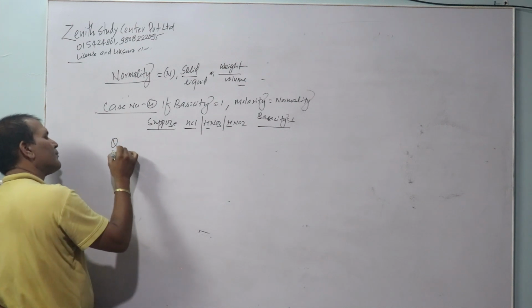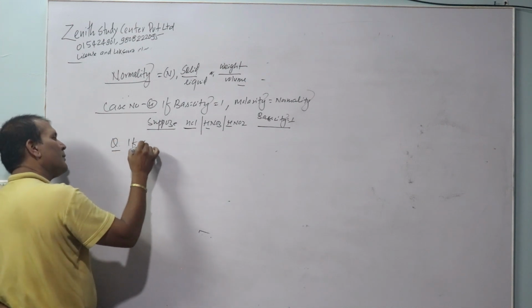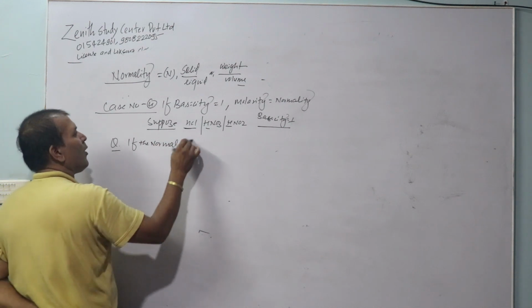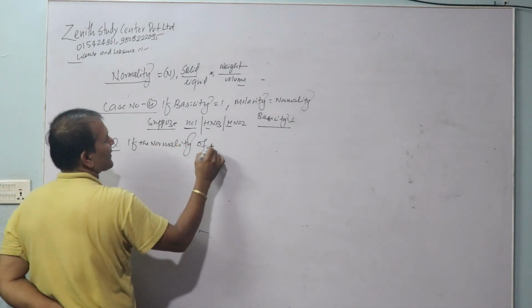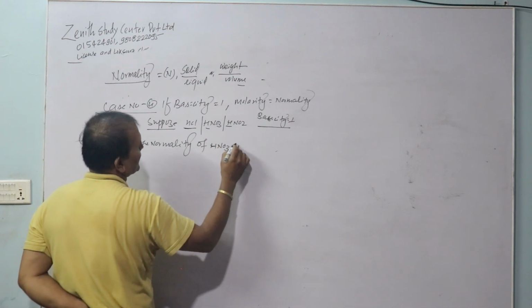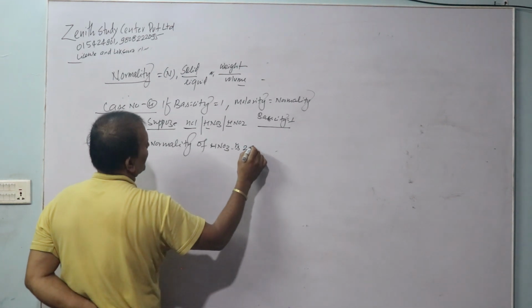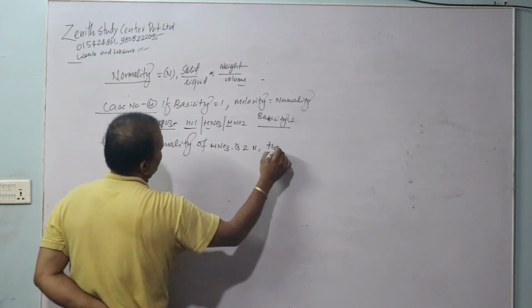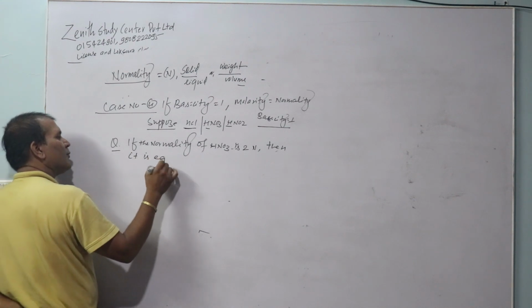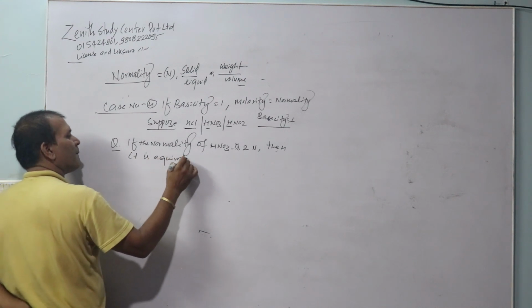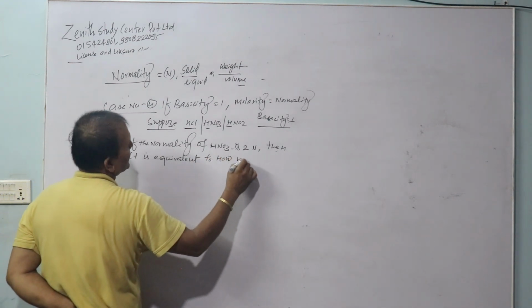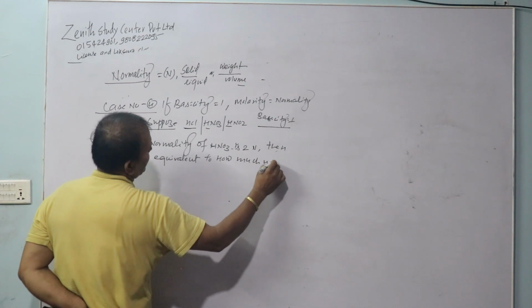Question: if the normality of HNO3, nitric acid, is 2 normal, then it is equivalent to how much molarity?